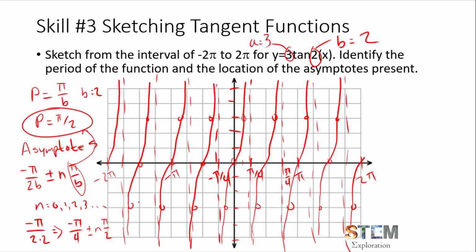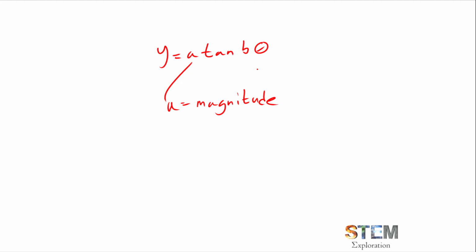So just to recap here, I want to point out that when you're looking at a tangent function, y equals a tangent of b theta, just for your convenience, a, you can think of it as amplitude or magnitude. Both of those are acceptable terms when you're looking at that.